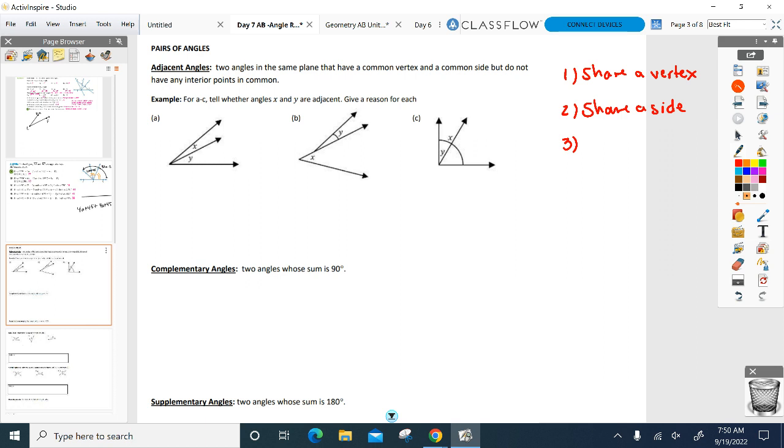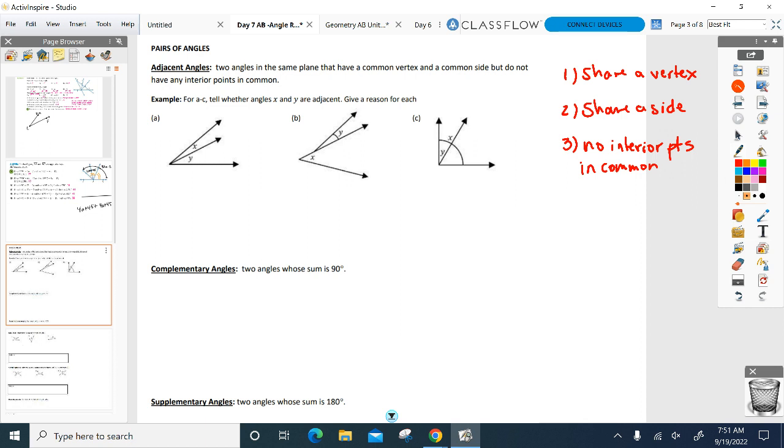So share a vertex, share a side, and I will explain this third one as we go through these examples. No interior points in common. I'll explain that as we go through each example.